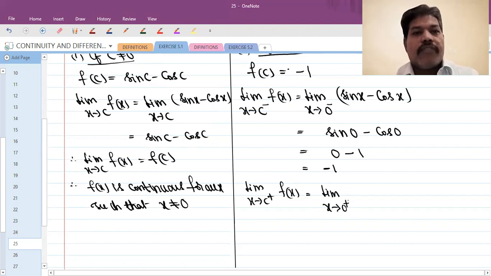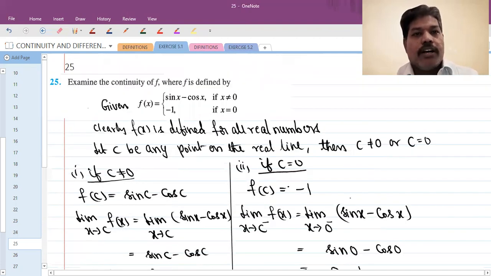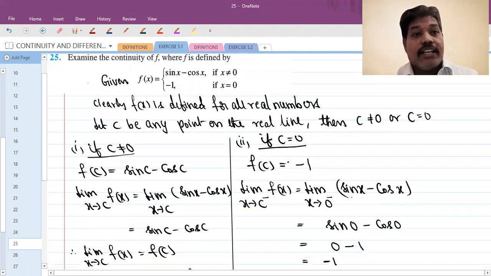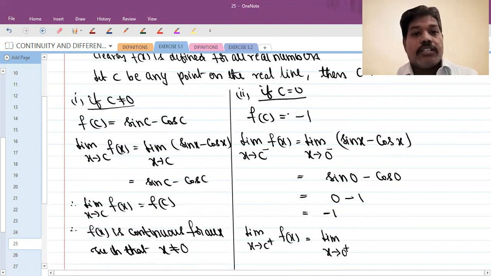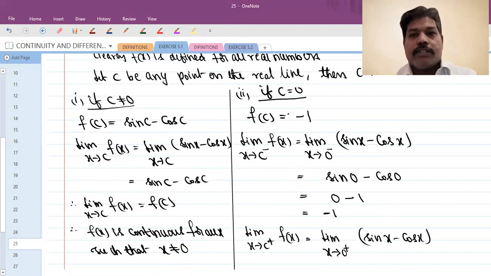In this case, f of x is the sin x minus cos x only, so you will get the same. So for 0 minus and 0 plus, both are the same. Are you understanding that? Less than 0 or greater than 0, in both the cases, f of x value is sin x minus cos x only.